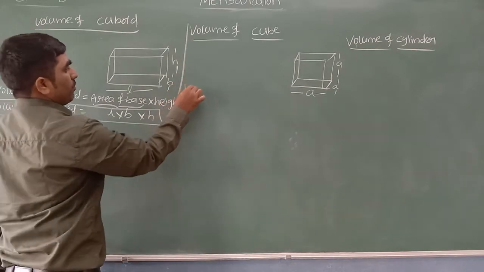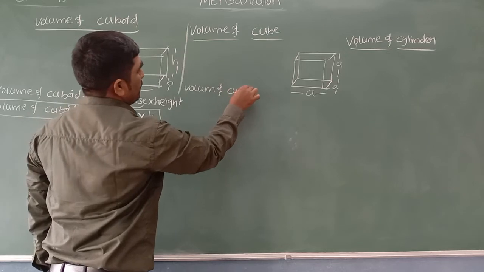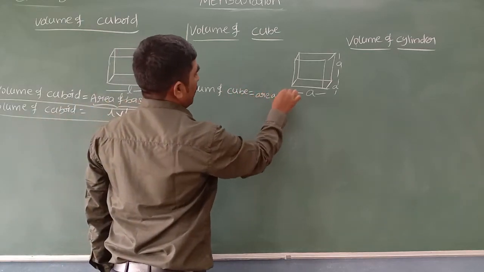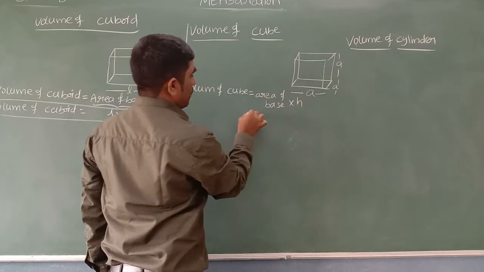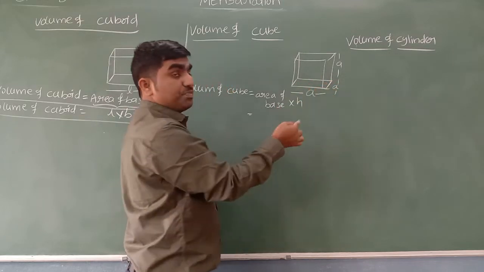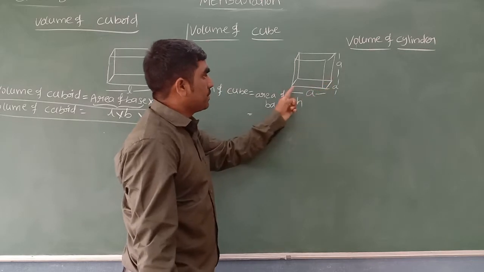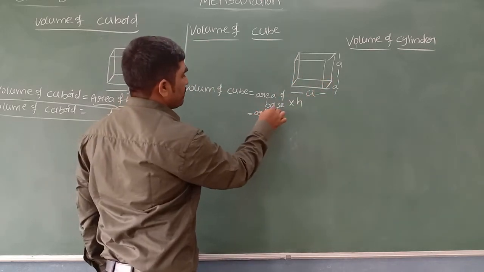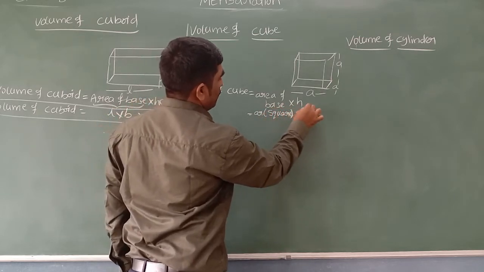So let us find the volume of a cube. Volume of cube, we can apply the same formula: area of base into height. So what is the area of the base? In a cube each face is a square, even the base is a square. Area of the base is nothing but area of a square into height.